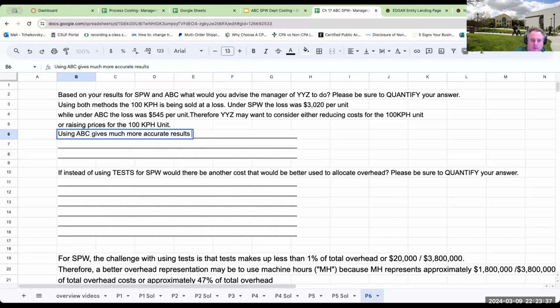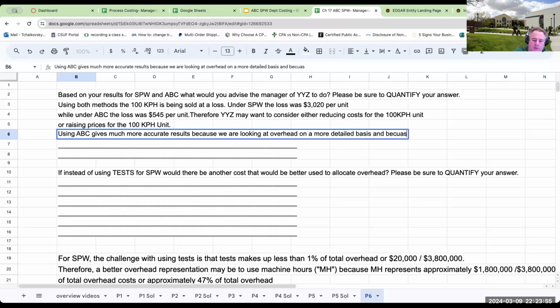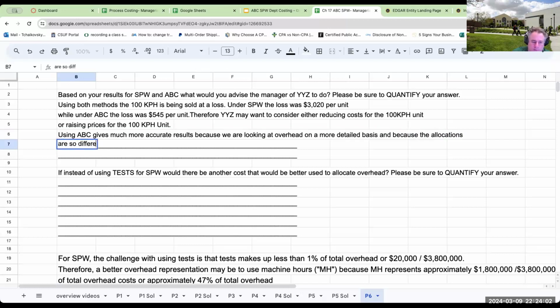And because we are looking at overhead on a more detailed basis, and I think that in this case, because the allocations are so different, we may want to use activity-based costing.